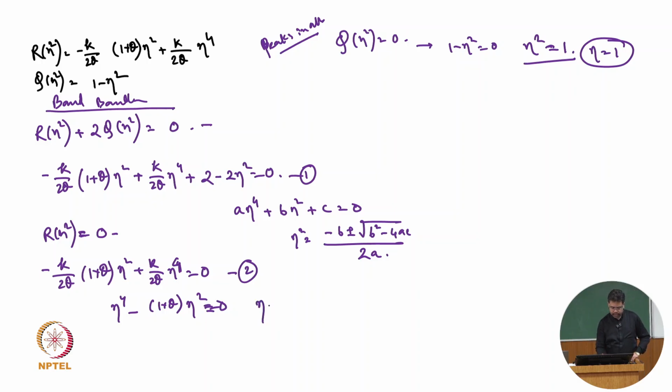So here we can get the solution eta square equal to 1 plus theta, comma, 0. 0 can be one solution, or another solution is root over 1 plus theta. So I can say eta equal to root over 1 plus theta can be one point, and 0 is one side.